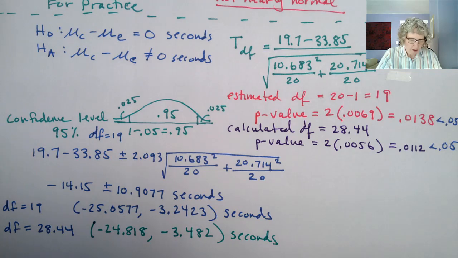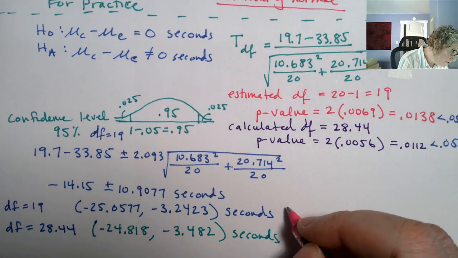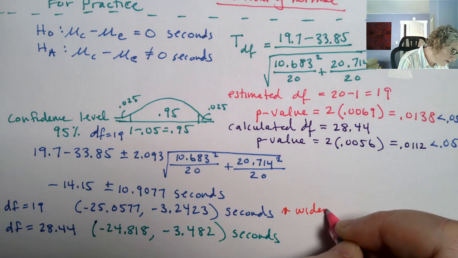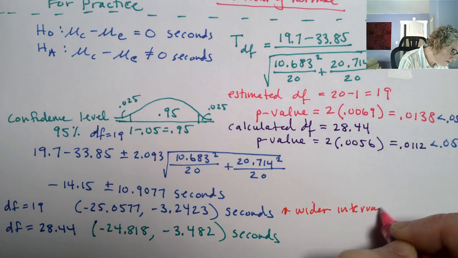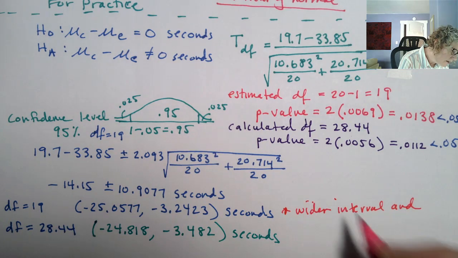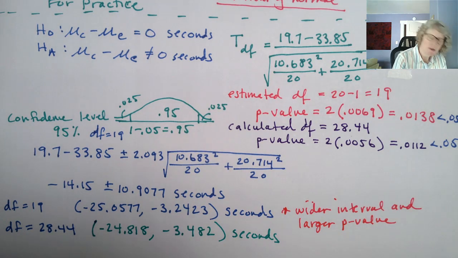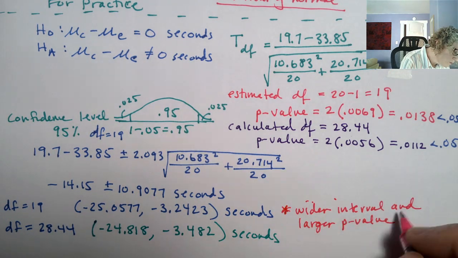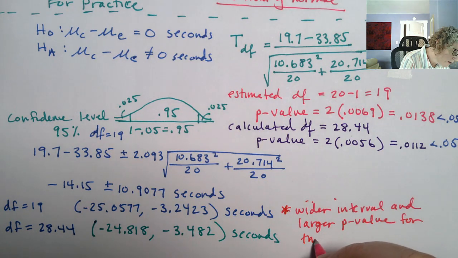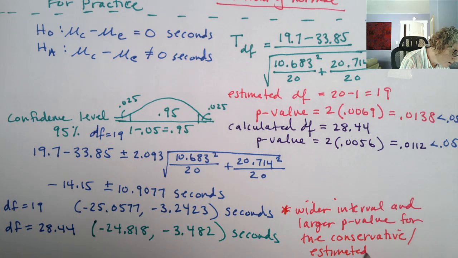Okay, so a little wider is more conservative, right? And a bigger p-value, let's just make a note of this. So we've got a little wider interval and larger p-value for the conservative or estimated degrees of freedom.